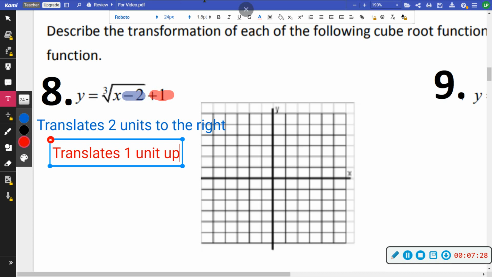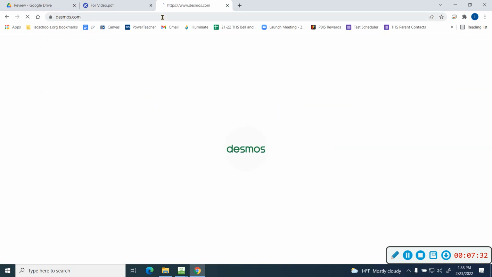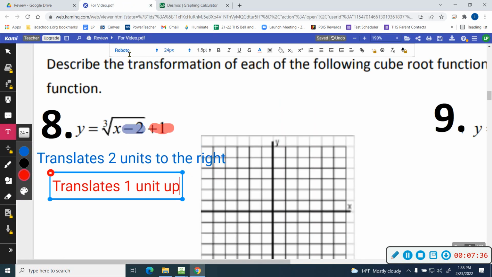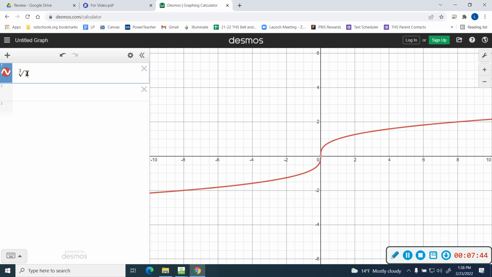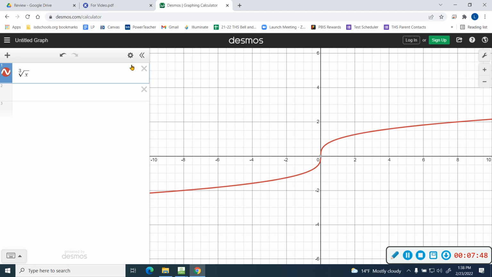And they want us to graph, so let's just go out to Desmos real quick, and I'll show you. So the parent function would be cubed root of x. So that's what the parent looks like, right here. That's the parent. And now we're going to type that in.